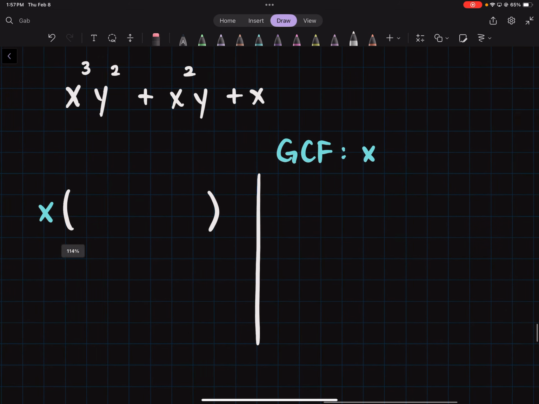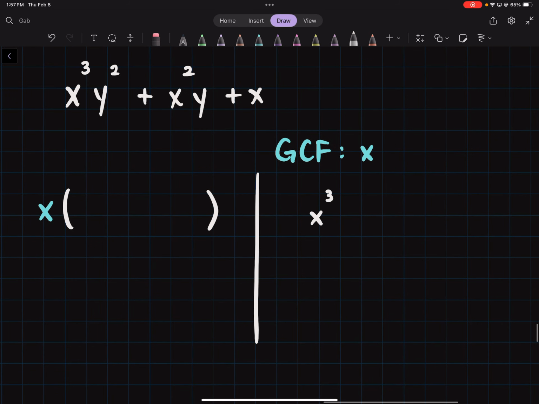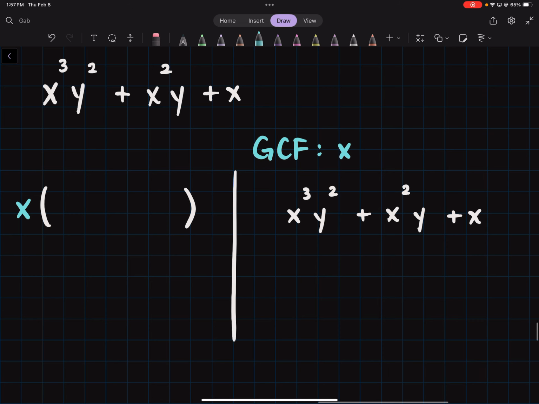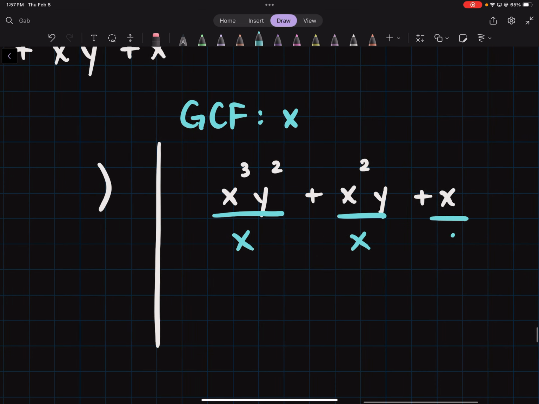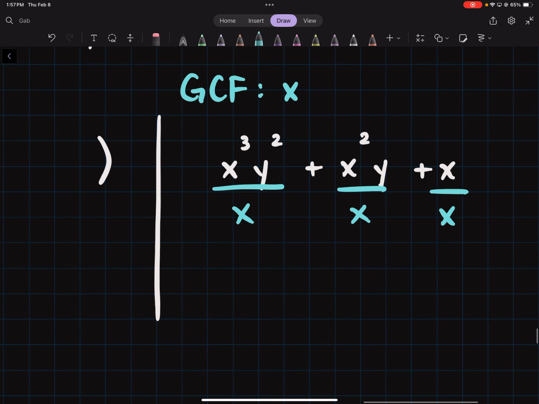Okay? You take it over and you divide again. This time you have to make sure you divide everything. So there's going to be 3 things being divided, right? Okay. x cubed divided by x.